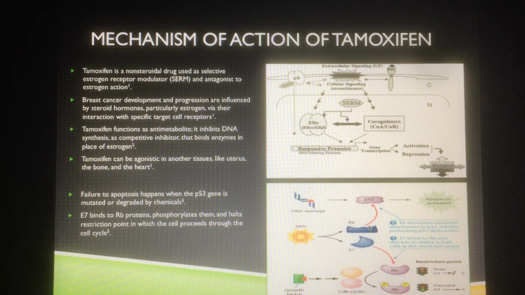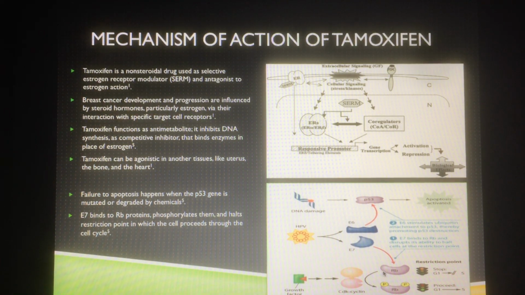The E6 protein stimulates ubiquitin to bind p53. p53 is necessary for the cell to go through apoptosis, and whenever it is degraded by ubiquitin, the cells no longer go through apoptosis.